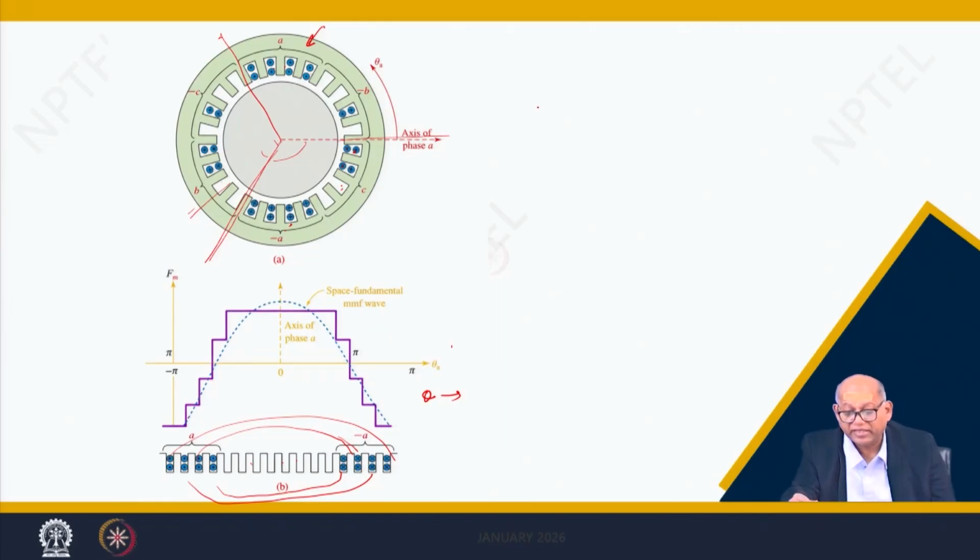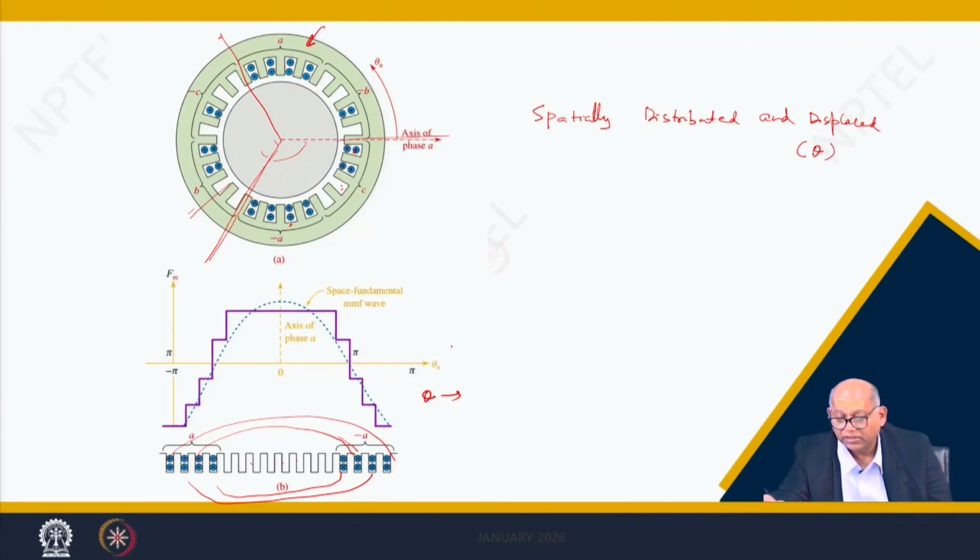So, that means, by spatially distributed and displaced winding with respect to angle theta, we can create MMF or flux waves, wave in the sense of variation with respect to theta, which are 120 degrees apart.